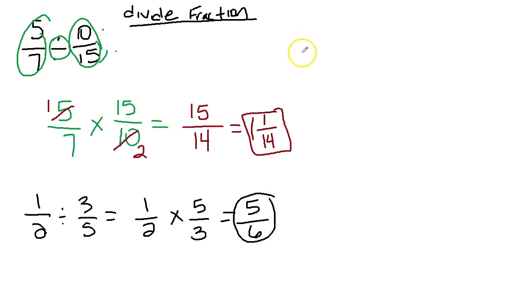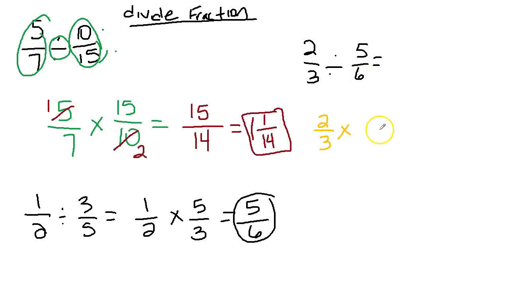Again, let's do 2/3 divided by 5/6. Right? What happens? You go ahead and you keep the 2/3. You change the division into a multiplication sign.